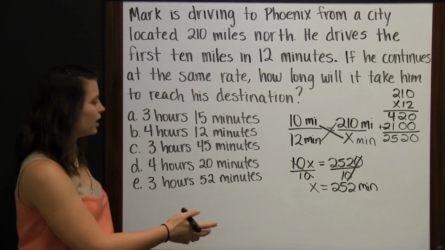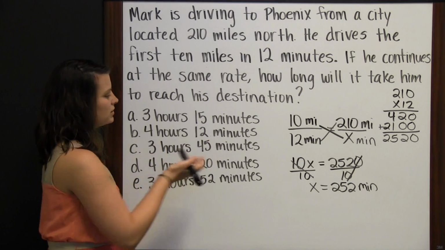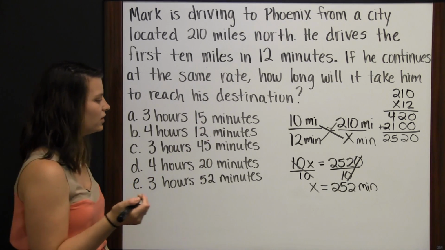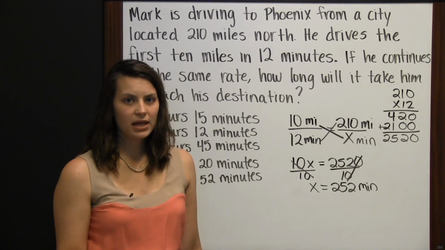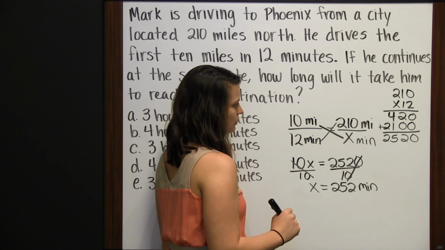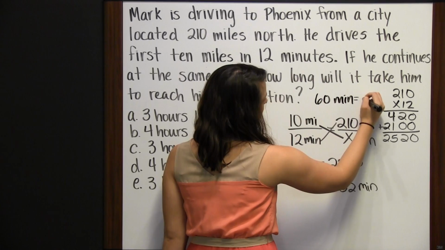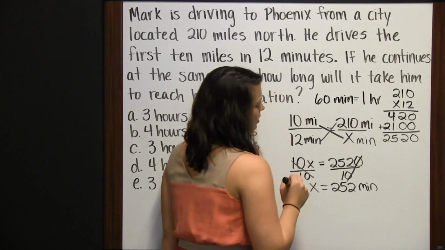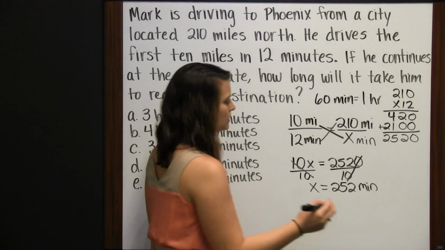But as you can see, our answers aren't in minutes. They're in hours and minutes. So we need to figure out just how many hours and then leftover minutes there are in 252 minutes. And since there are 60 minutes in 1 hour, I need to divide 252 by 60.